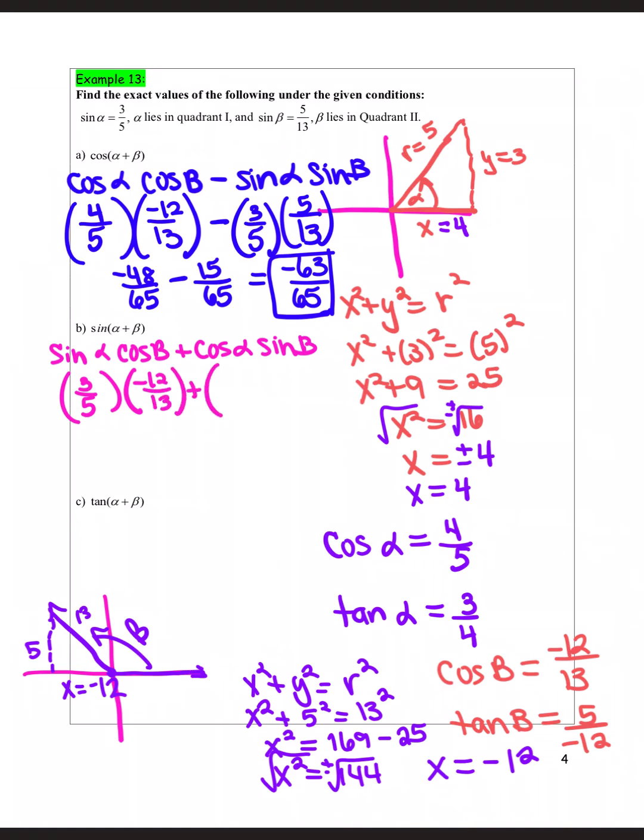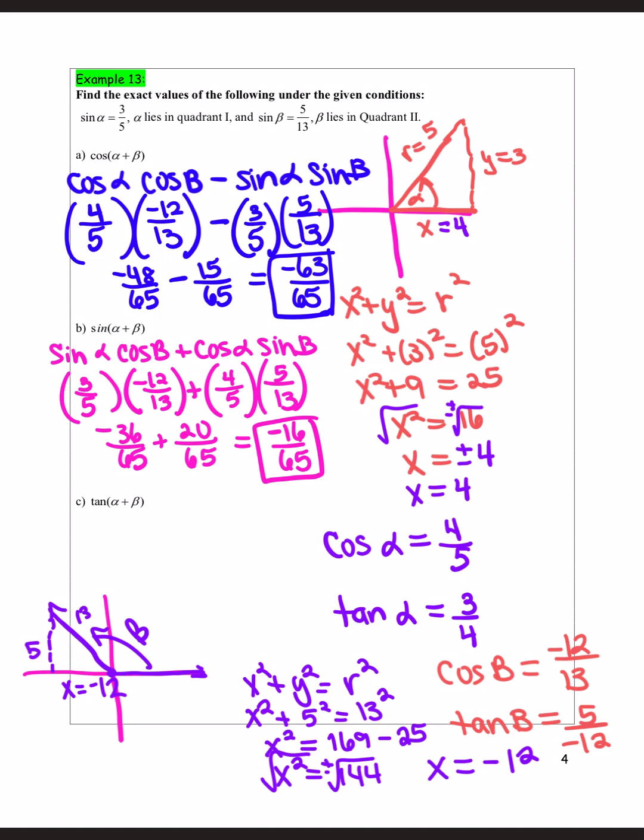Plus cosine of alpha was 4/5. Sine of beta was 5 over 13. 3 times negative 12 is negative 36 over 65. 5 times 13 is 65. 4 times 5 is 20. 5 times 13 is 65. And negative 36 plus 20 is negative 16 over 65.